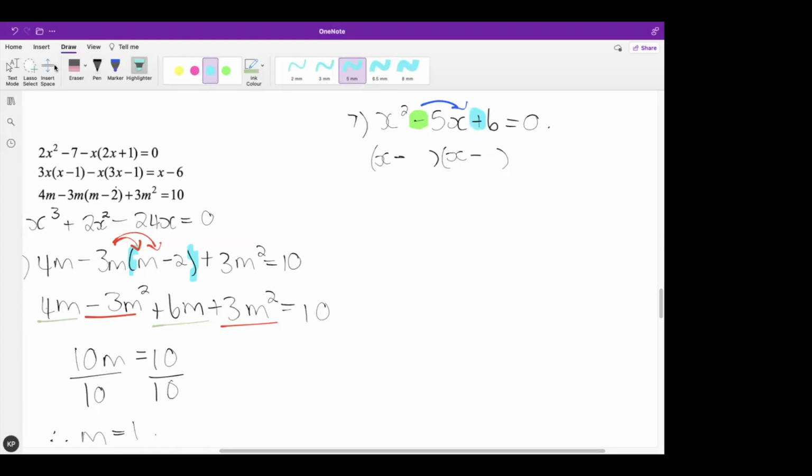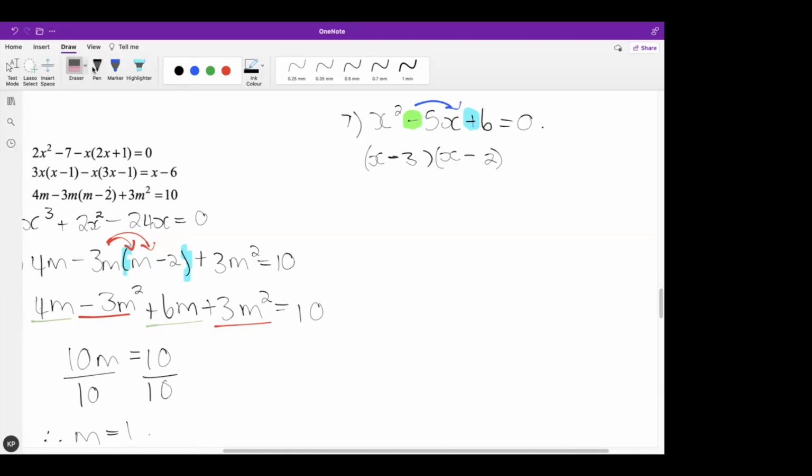Then factors of 6 that are going to give me negative 5. I have 6 and 1 and 3 and 2, but they both have to be negative. So it has to be 3 and 2, because negative 3 minus 2 is negative 5. Beautiful. All right, I've factorized. Now what?